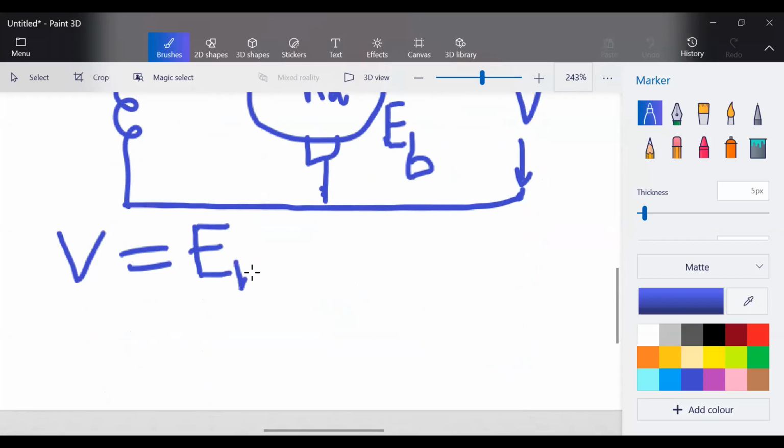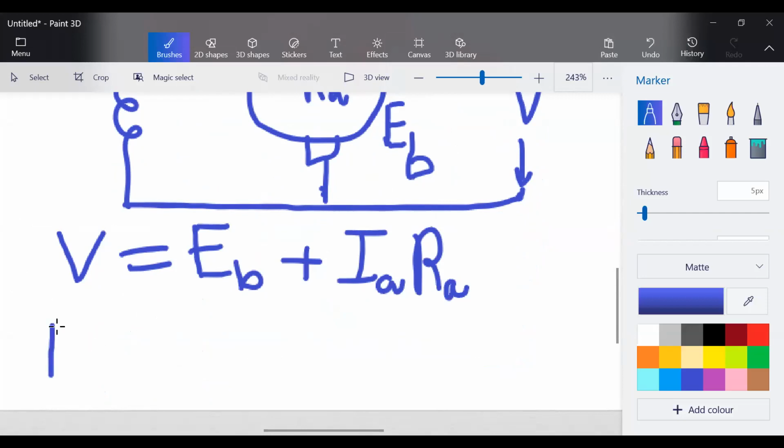Back EMF Eb plus armature resistance drop, I_a R_a. Voltage drop V equals IR, so the voltage drop across the armature is armature current into armature resistance, I_a R_a. This is the source: V, the source voltage, equals back EMF plus armature resistance drop.